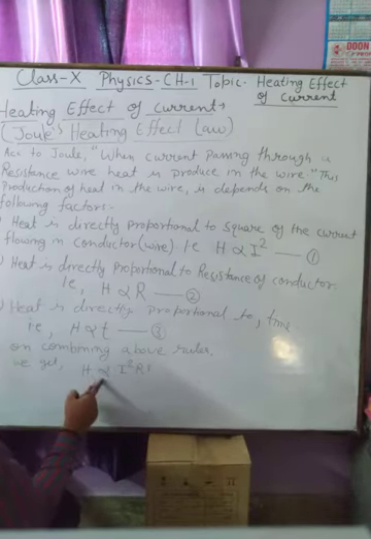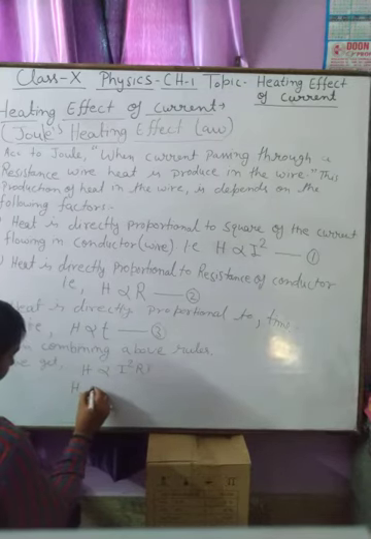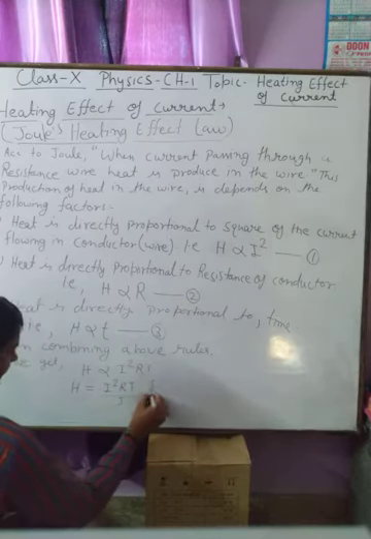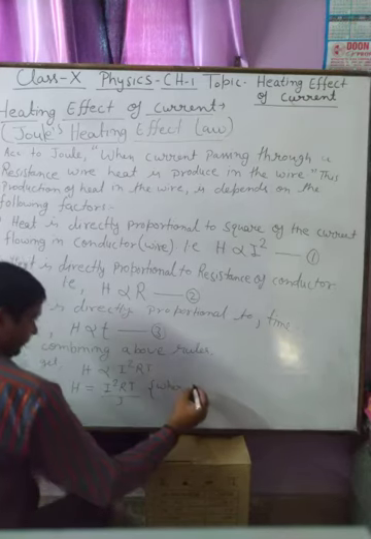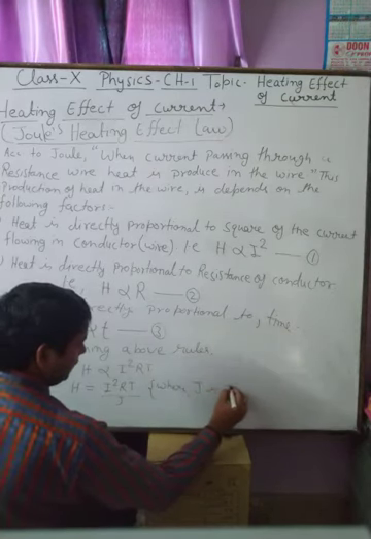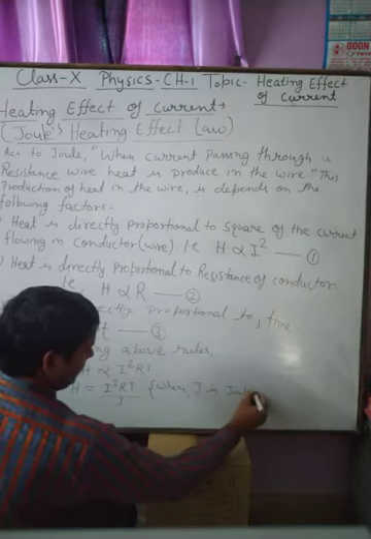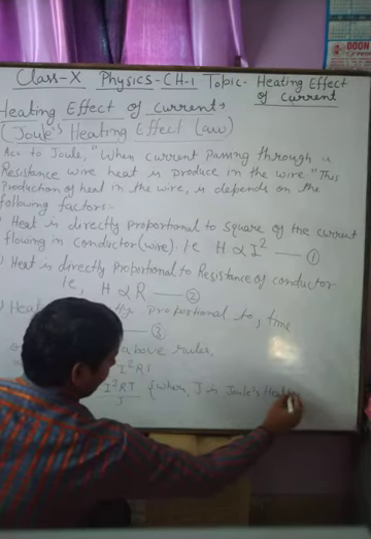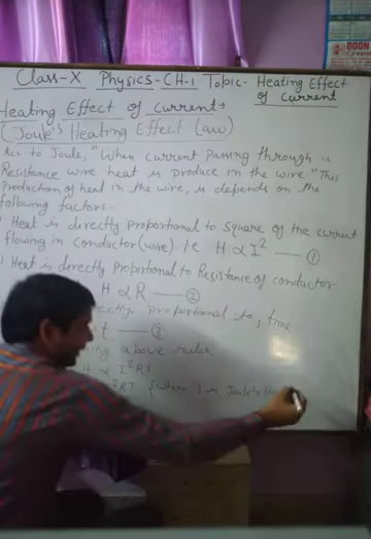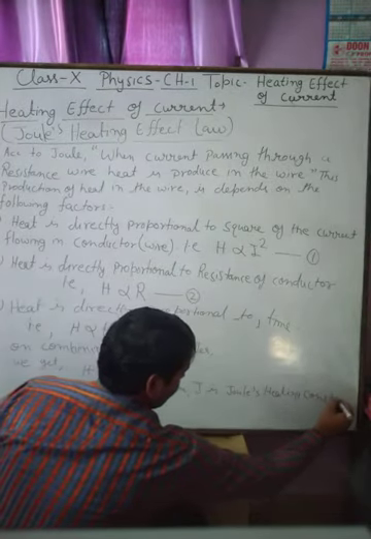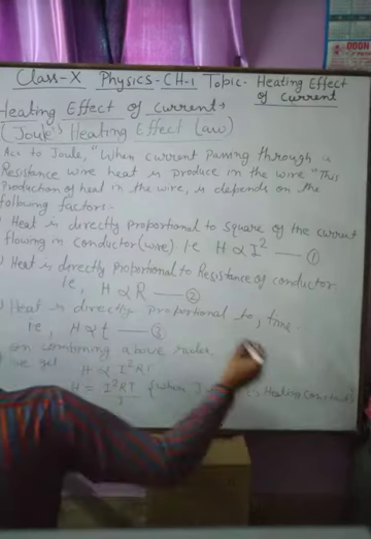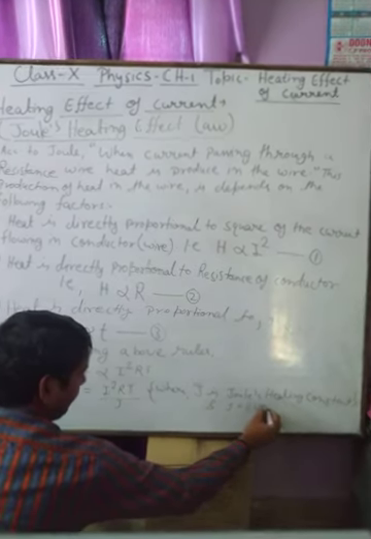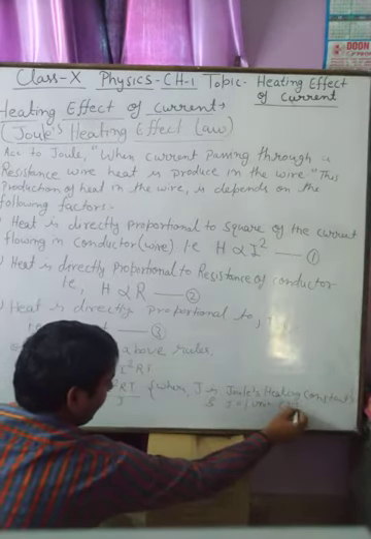On eliminating the proportional sign, we get heat is I square RT upon J, where J is Joule's heating constant, and J is equal to 1 unit for SI system.